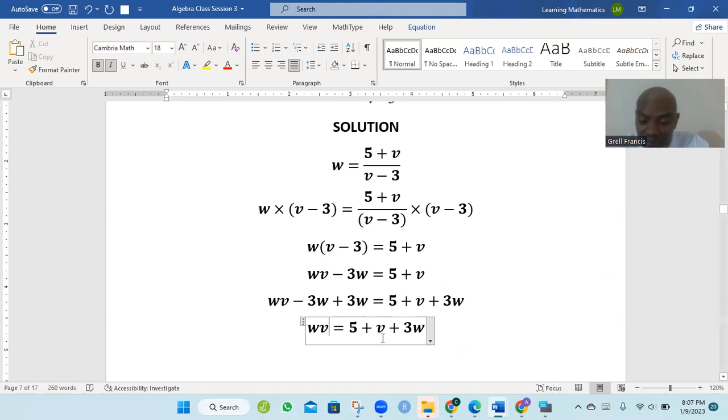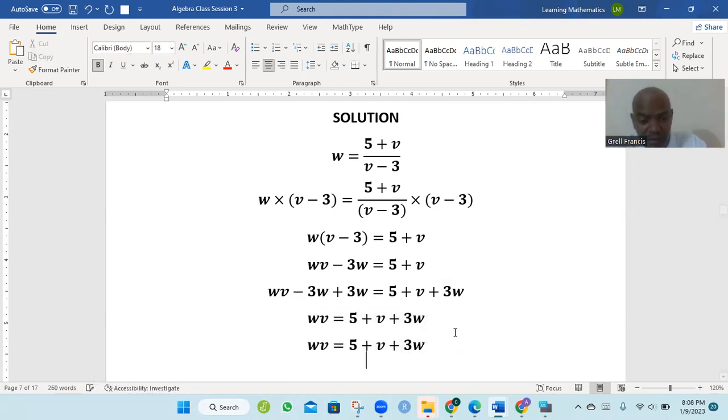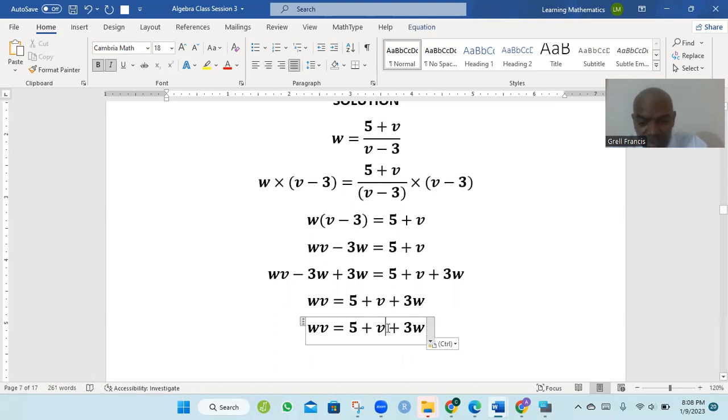Now we need to get the V's by themselves. We need to get the V's together. So now we have a plus V on the right. So we're going to cancel out that plus V by doing the opposite, which is minus V. So if we minus V on the right, we're going to minus V on the left. We're going to bring the V's together. But you see we have a plus V on the right.